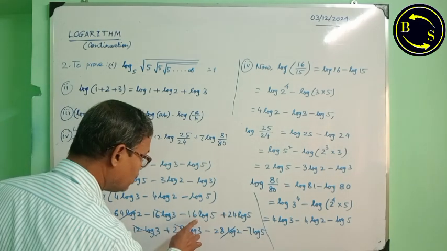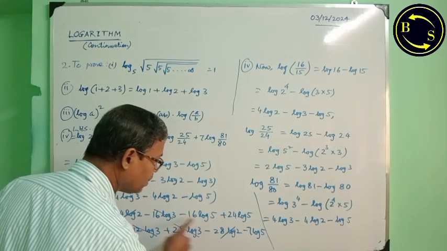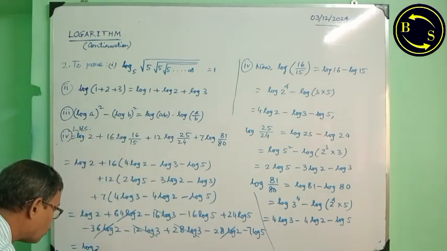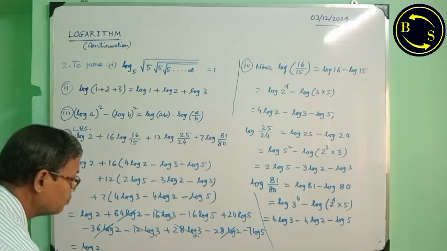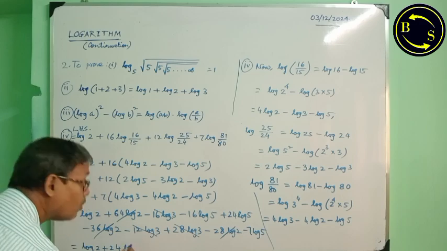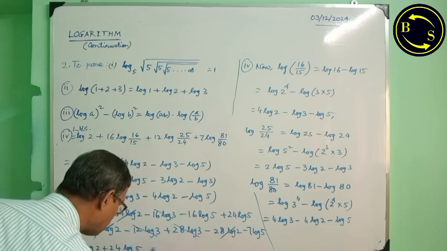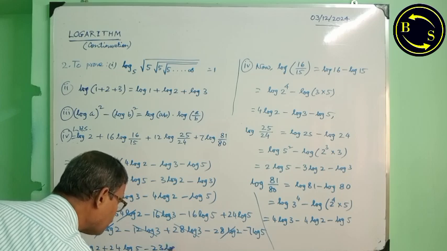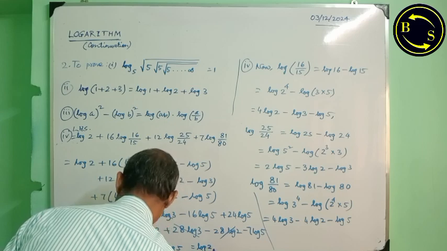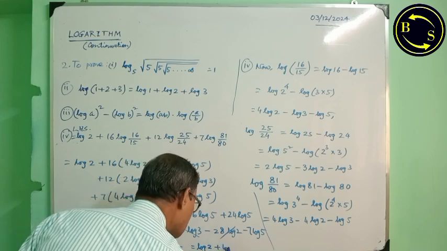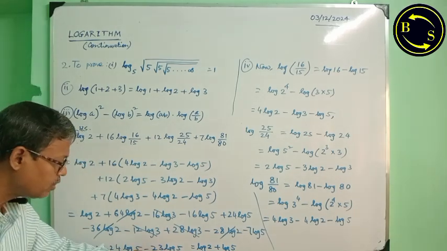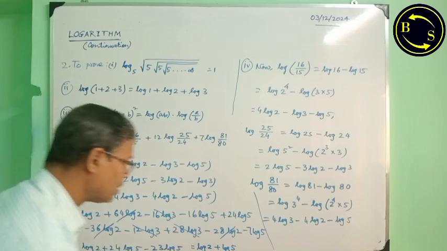Then 16 log 5 negative minus 7 log 5, that means in this step we get log 2 plus 24 log 5 and these two minus 23 log 5, so that log 2 plus log 5, 24 log 5 minus 23 log 5 is log 5.